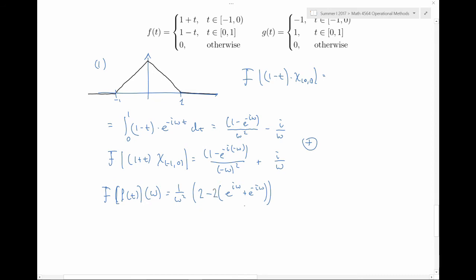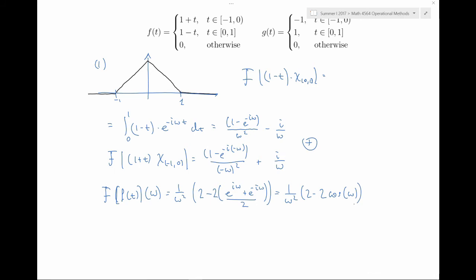So I'm going to add 2 here and divide by 2, and the expression inside is just a cosine of omega. So this is 1 over omega squared multiplied by 2 minus 2 cosine of omega.